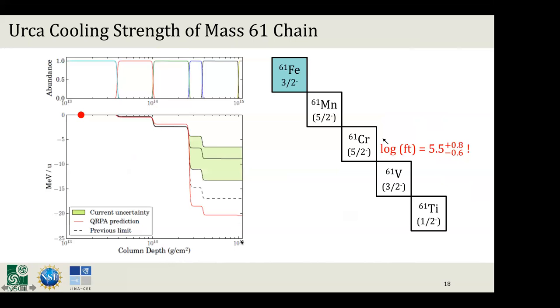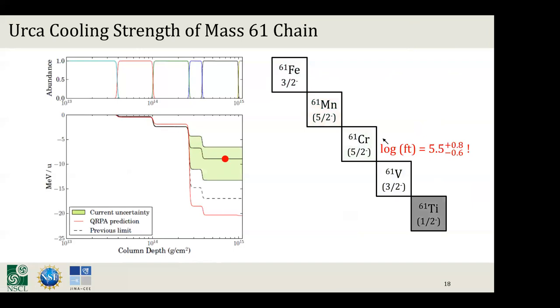I will explain the animation as it's being played. As you're going deeper, once it hits the Q value for transitions, you essentially morph between species of the mass-61 chain. So you go from iron to manganese to chromium to vanadium and titanium eventually. If you look at the different lines here, the QRPA prediction that I mentioned was extremely strong, 4.35.